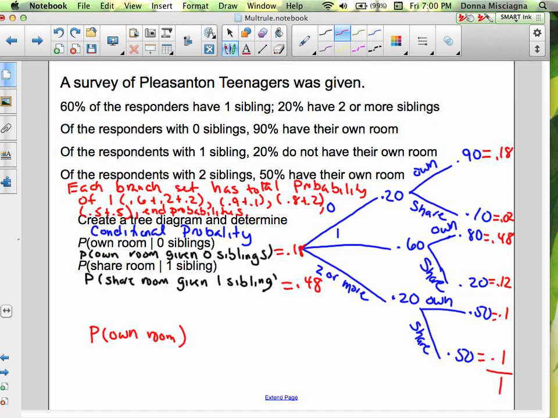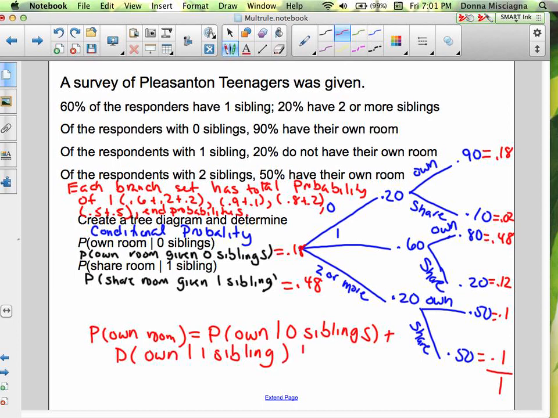So now we have several conditional probabilities to add up. We have to find the probability of your own room given 0 siblings, and we have to add that to the probability of own room given 1 sibling, and add that to the probability of own room given 2 or more siblings.